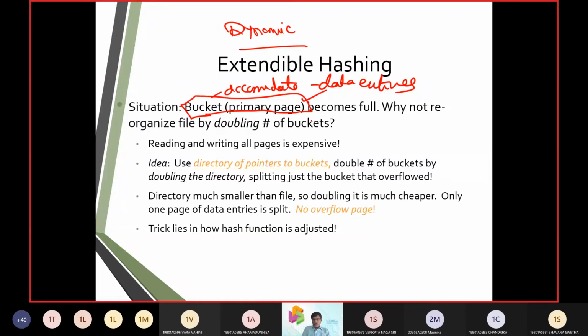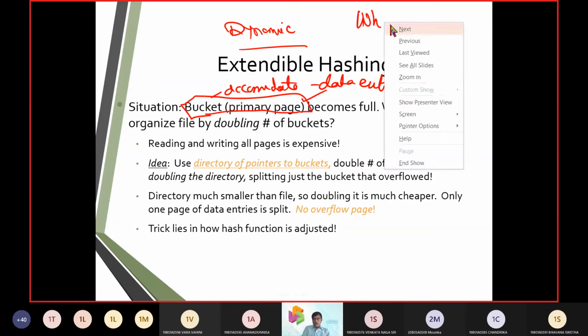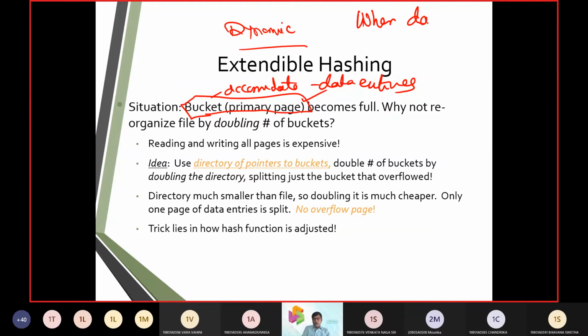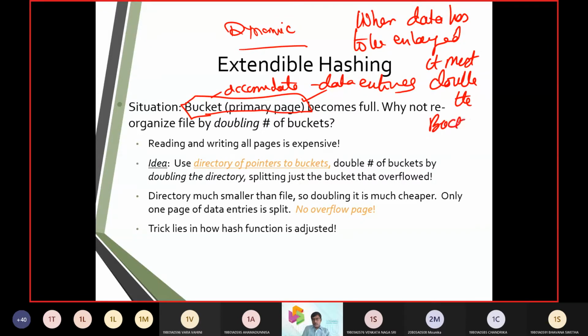And when data has to be enlarged, now this is important, it must double the bucket size. This is purely important for you.